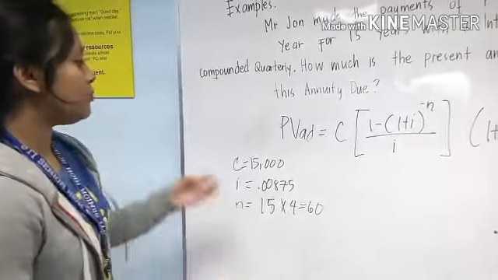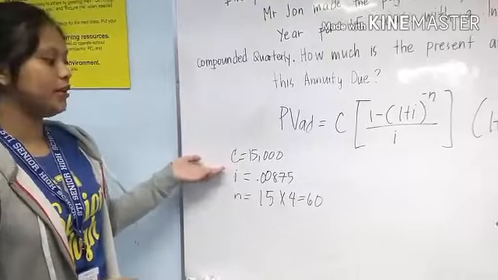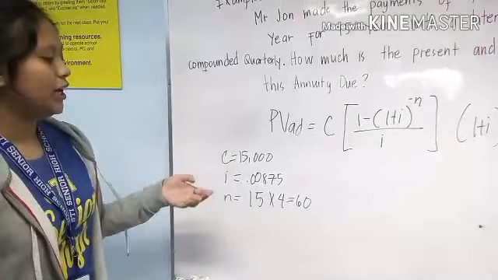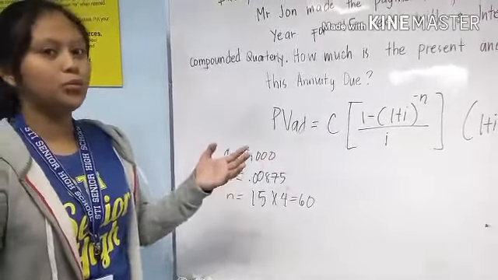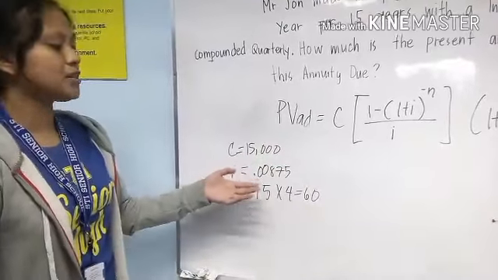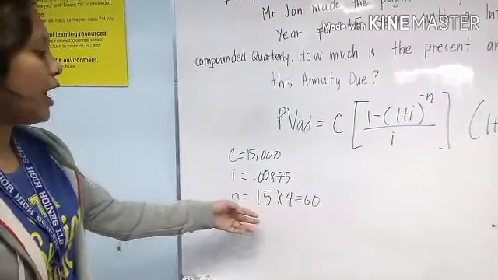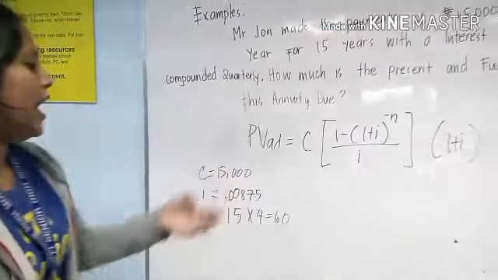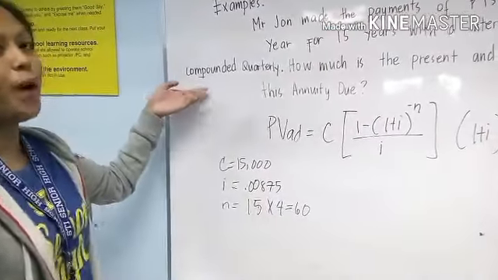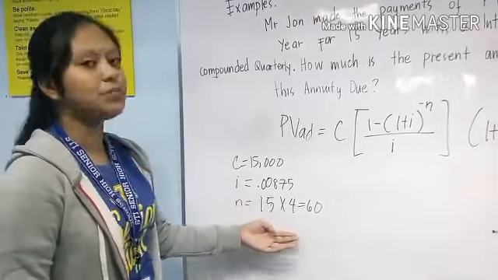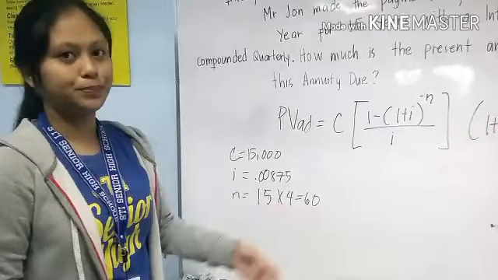Filling up the labels, we have C, the amount paid or received, 15,000. The interest rate that we solved earlier is 0.00875. And the payment interval, so we have 15 for 15 years, and 4 because it is compounded quarterly. So we have 15 times 4 equals 60.